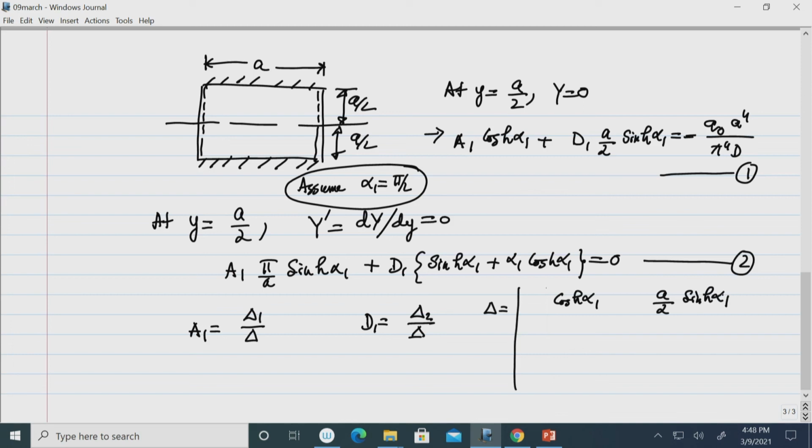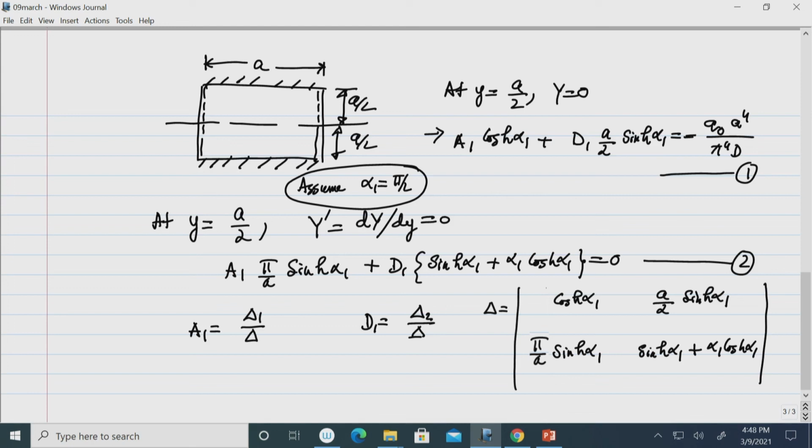Then the coefficient of A1 in the second equation is pi by a sin hyperbolic alpha 1, and the coefficient of D1 in the second equation will be sin hyperbolic alpha 1 plus alpha 1 cos hyperbolic alpha 1. Okay, so this is the delta.